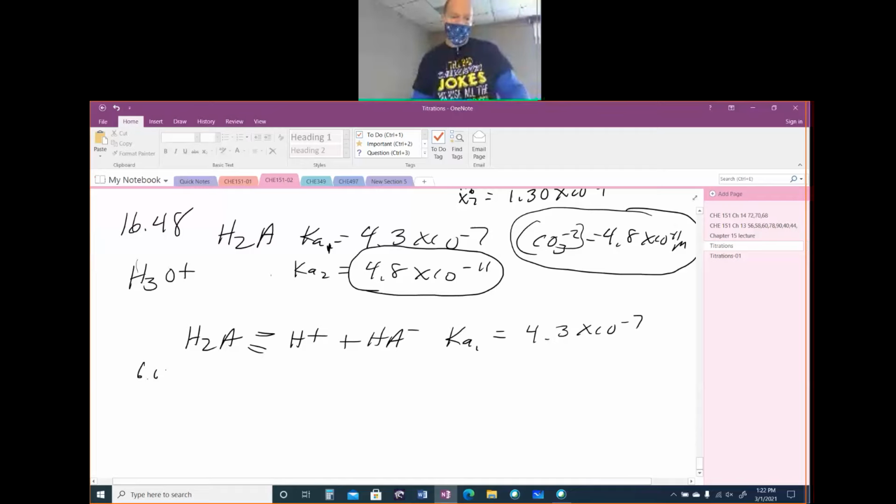We like very small initial concentrations now. All right, 0 and 0. Now we have to calculate, do we have to check our X value, or is X1 our answer? So you have to do CA over the Ka1. So 6 times 10 to the minus 4 divided by 4.3 times 10 to the minus 7.